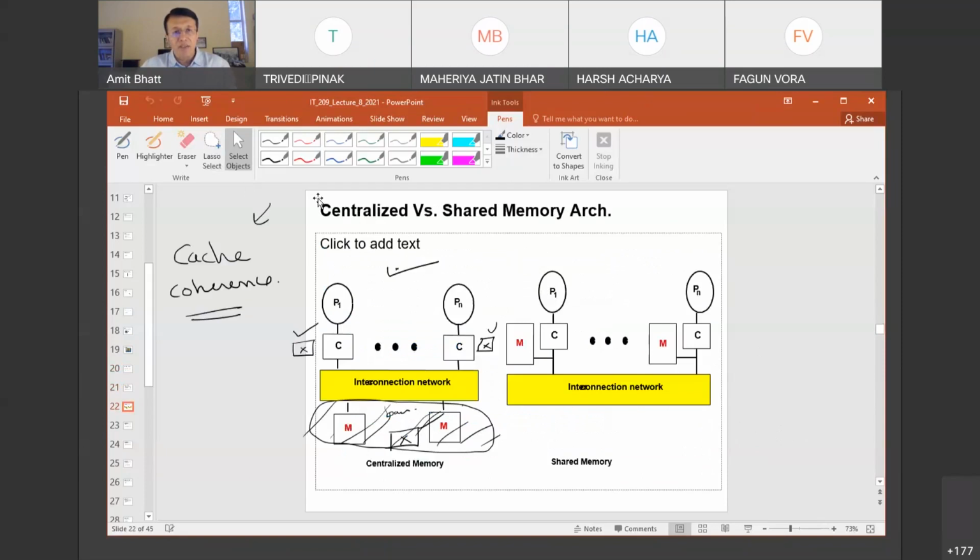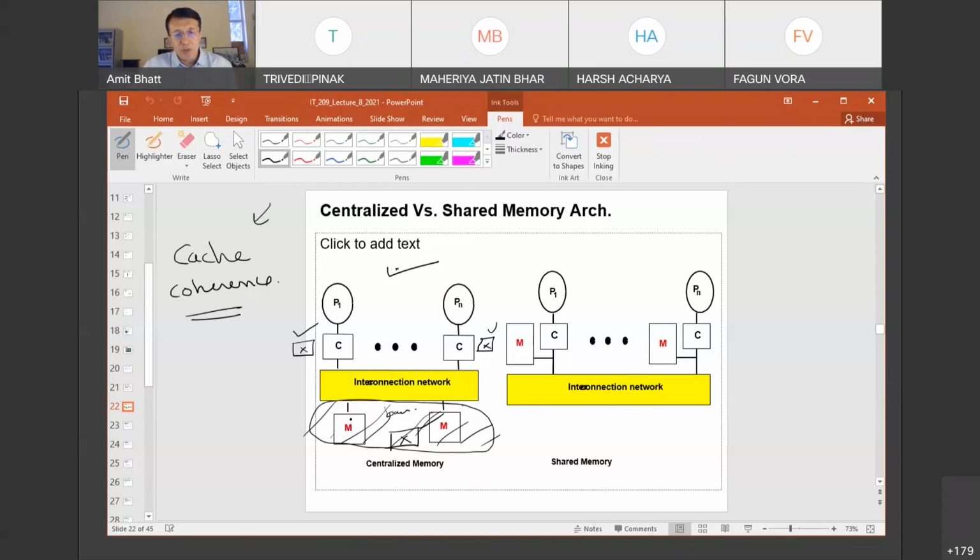This particular figure is what you generally have in your laptop and your mobile phone. So here you have so many processor cores starting from P1 to Pn. Each processor core has its own cache memory. Then it is connected through this interconnection network to a single centralized memory.